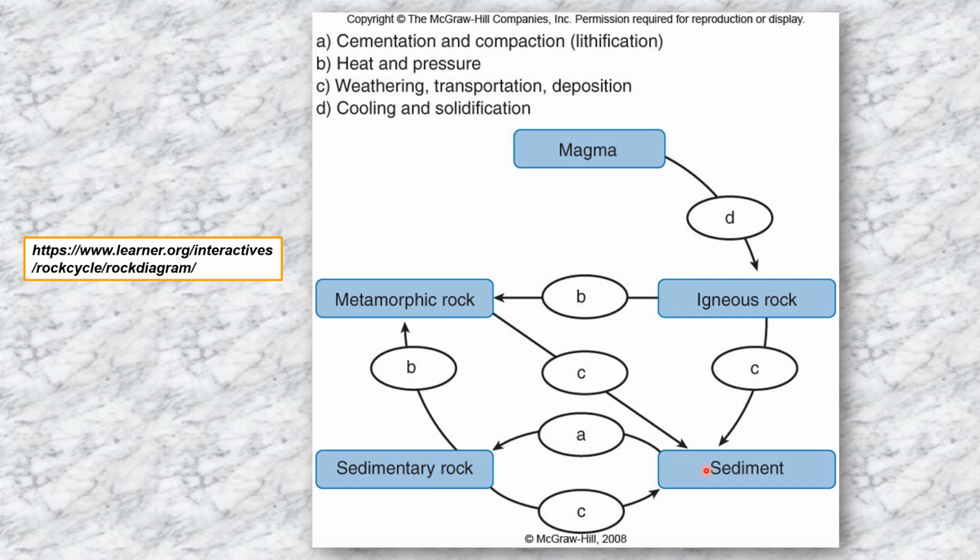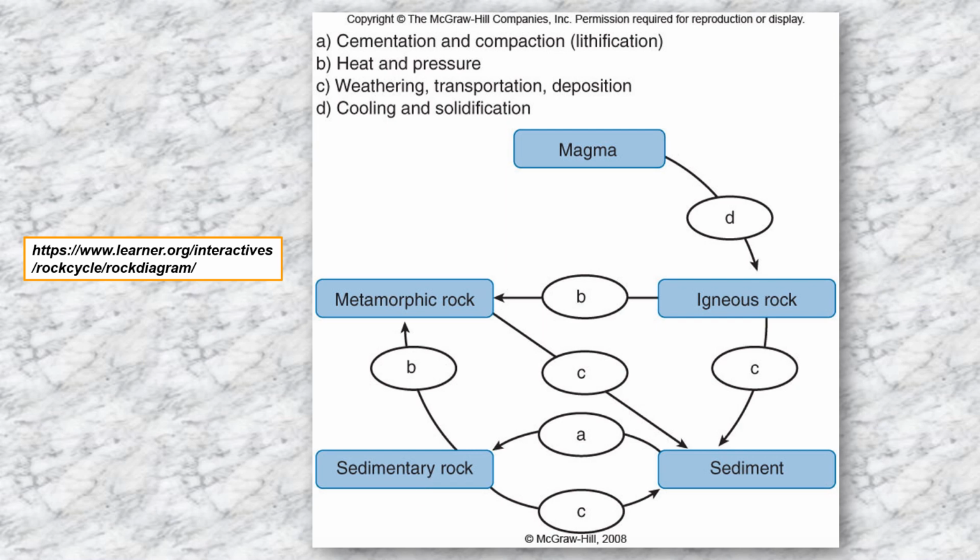And then over time, those layers of sediment become lithified and compacted, and they form sedimentary rock. So an igneous rock can change into a sedimentary rock.